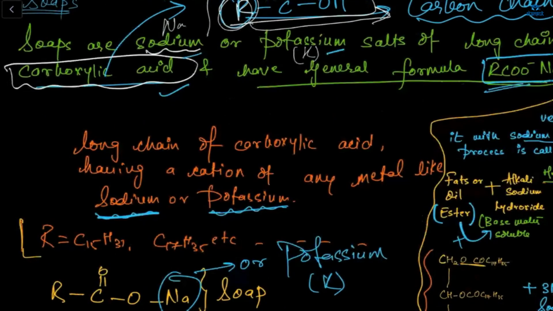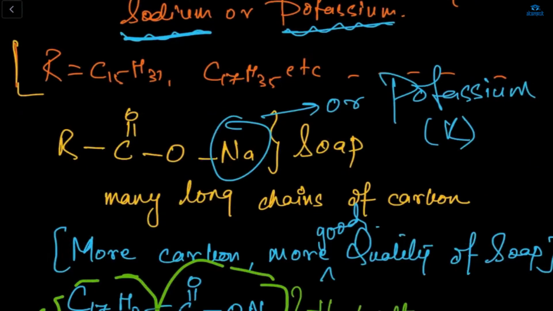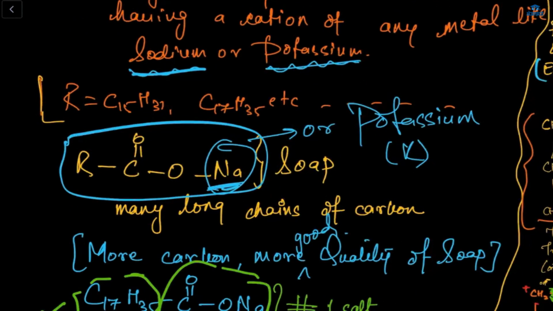Here we have the two metals, sodium, or we can also use potassium. And this R is the long chain of carbon and hydrogen.